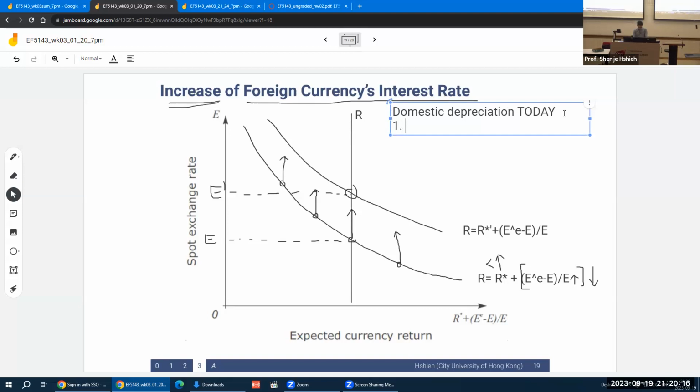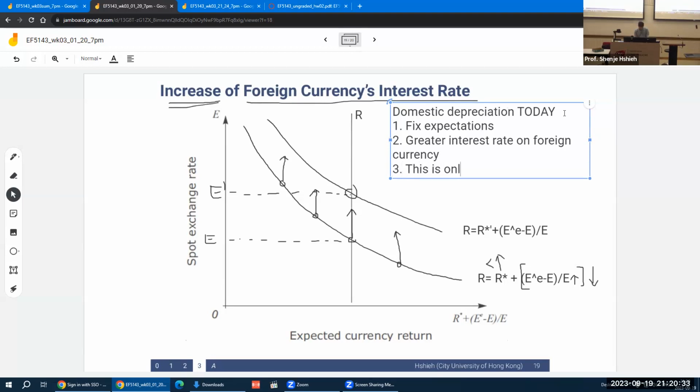So step one, fix expectations. That means E is anchored. Greater interest rate on foreign currency. So this is only an acceptable equilibrium if interest rate differentials are wiped out.